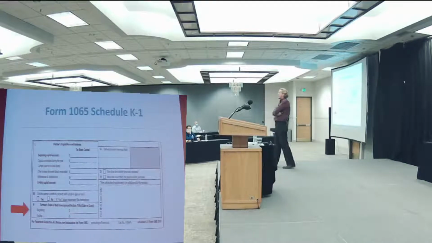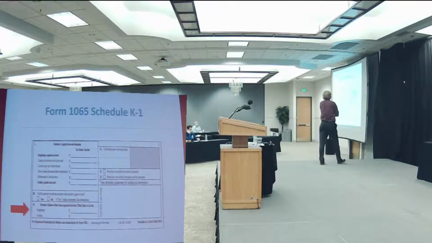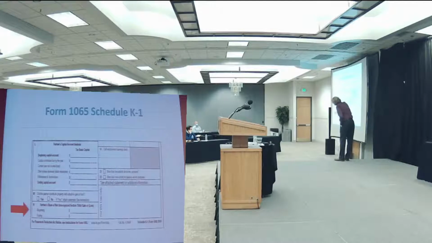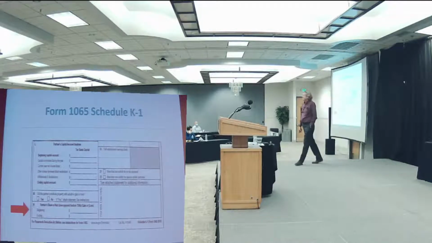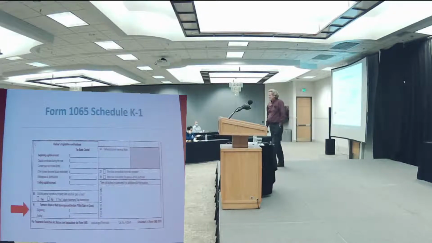Never looked for anything again. Now the IRS has gone on beyond that and added this new little thing here. What is Dad's share of net unrecognized 704(c) gain or loss at the beginning and ending of the year? I think they're going to be looking for it, don't you? Time for us to get with the program.